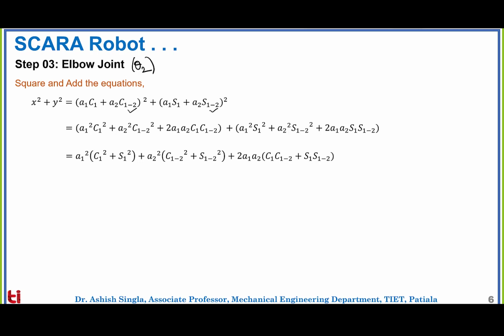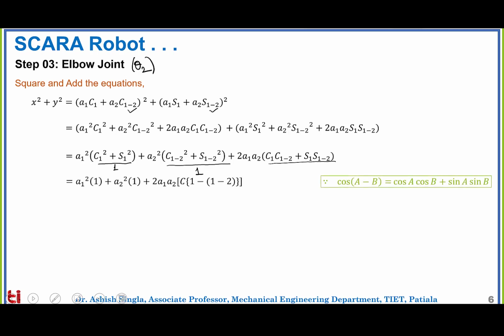For a1 squared, we have cos squared plus sin squared of theta 1, which becomes 1. Then this cos squared plus sin squared also becomes 1, and here we can apply the cosine difference formula. So we get a1 squared plus a2 squared plus 2 a1 a2 cos of theta 1 minus (theta 1 minus theta 2).